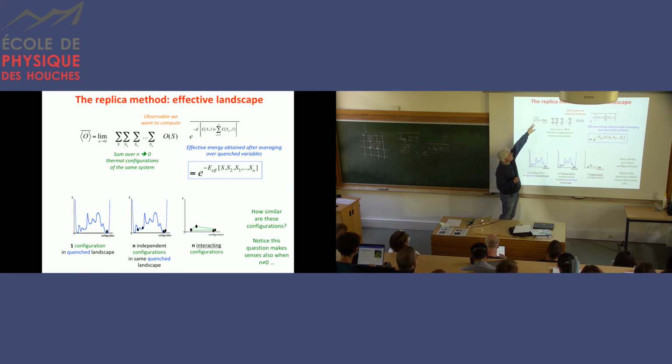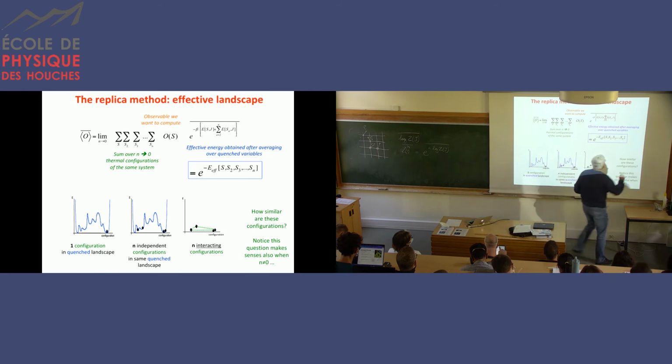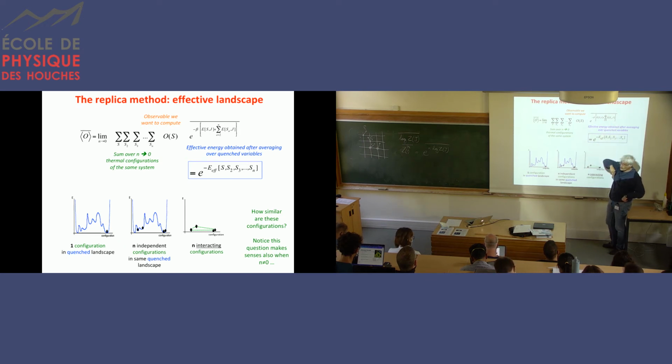The average value of O over thermal variables and quench variables is a sum over n copies of O of S times something here. So if we look at this term, it depends on S, on S2, S3, Sn, and so on. And once I have an average of a J, at least formally, suppose I can do the average, J will disappear, and I will get something which I can always write as exponential minus some complicated function of S, S2, S3, and Sn.